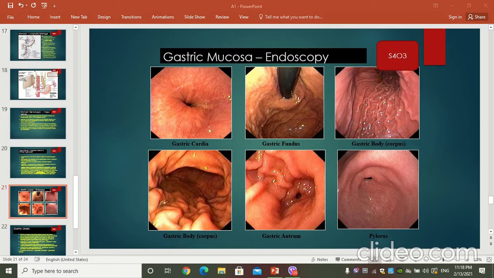This is the cardiac orifice. You can see the rugae within the gastric body, also showing the normal mucosa. Again, the rugae and the gastric antrum, and this is the pyloric opening. So this is the pylorus or the pyloric canal.